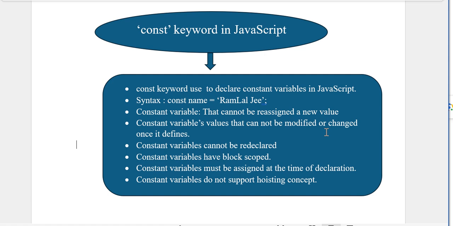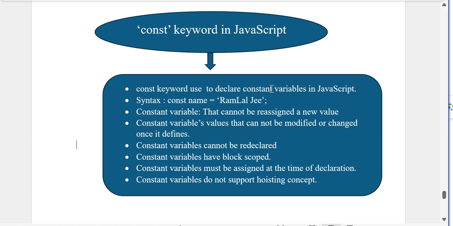Here we have made some bullet points. What is the constant? What is const? Why do we use constant to declare a variable? The first point: the constant keyword is used to declare a constant variable in JavaScript.